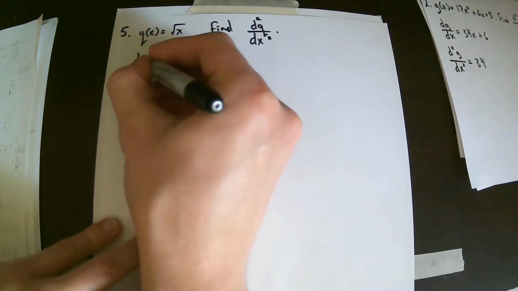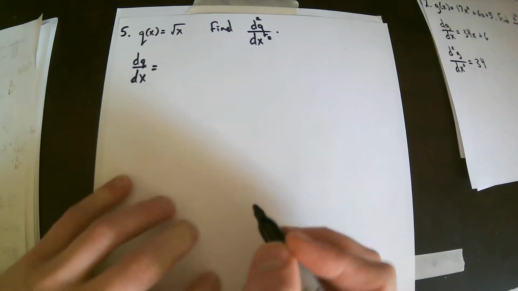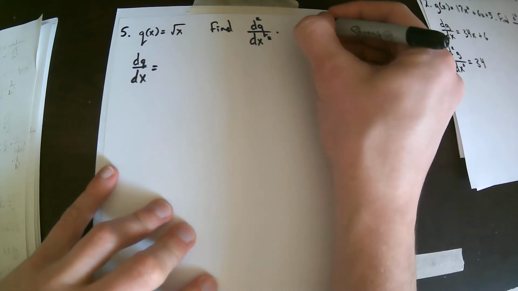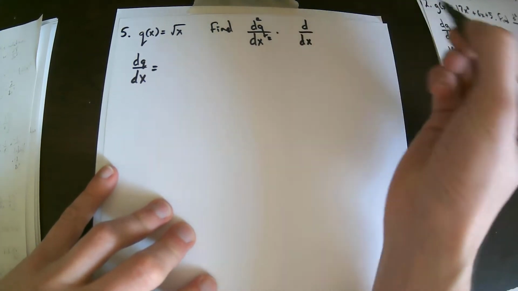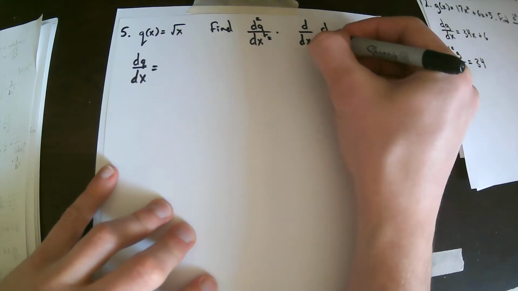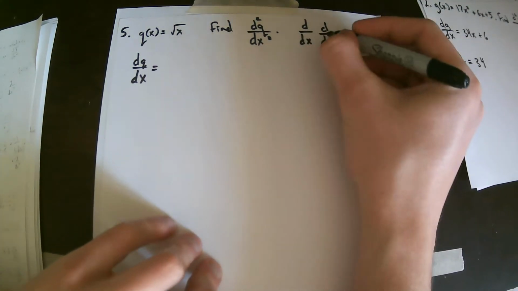First derivative, so dq dx. Oh, by the way, the little 2's here, why is that one there and that one there? Well, a first derivative of a function with respect to x is d dx, right? And then I want to take another derivative, d dx, right? So a derivative of a derivative.